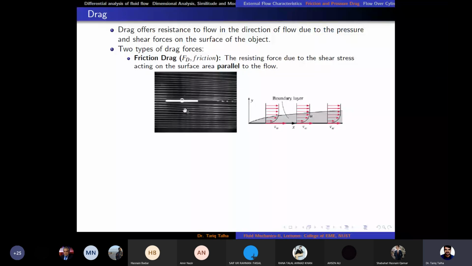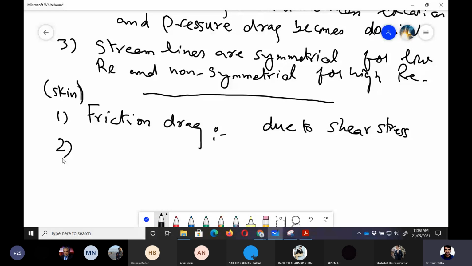And then the second component is the pressure drag component.